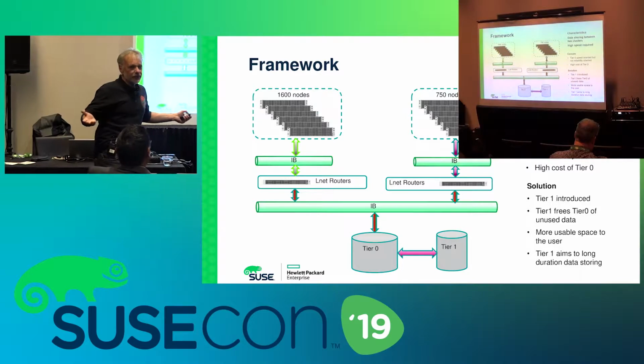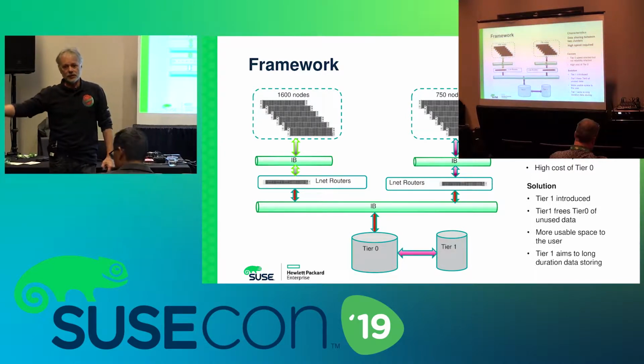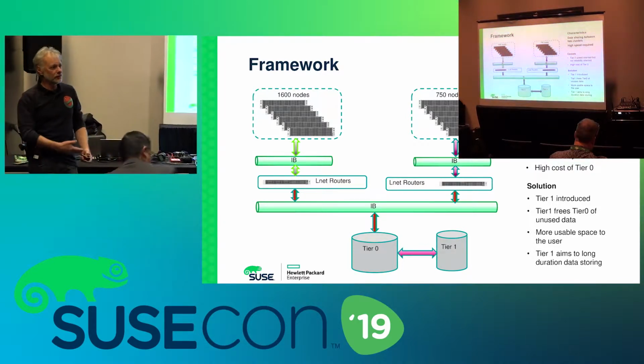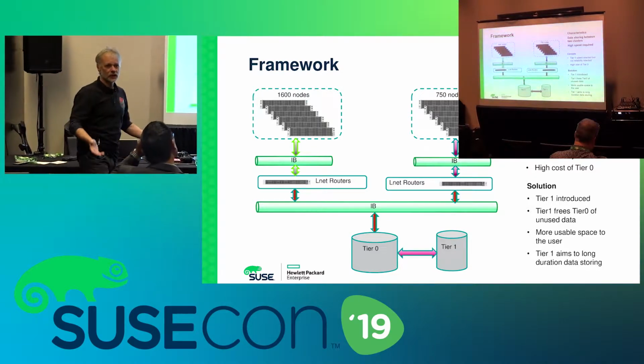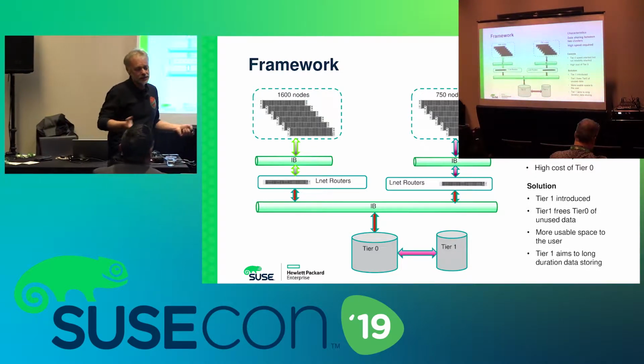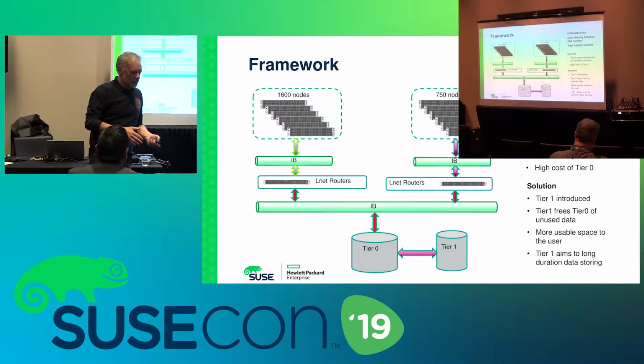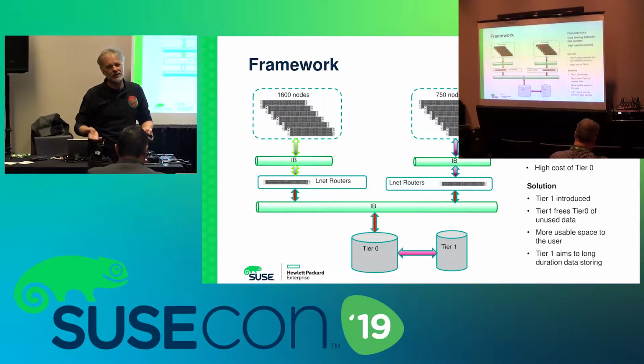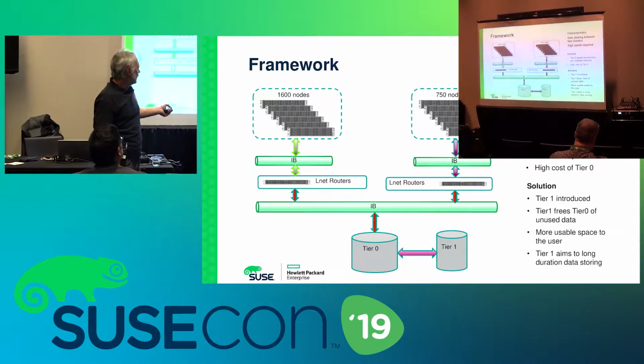So the solution at the end was that we introduced a tier 1. The problem is now how to move the data automatically between the two. One idea, which sometimes happens, especially with small customers, is doing it manually, but it's not really something that you can do easily.